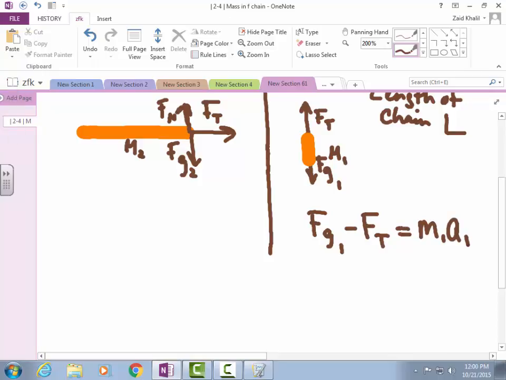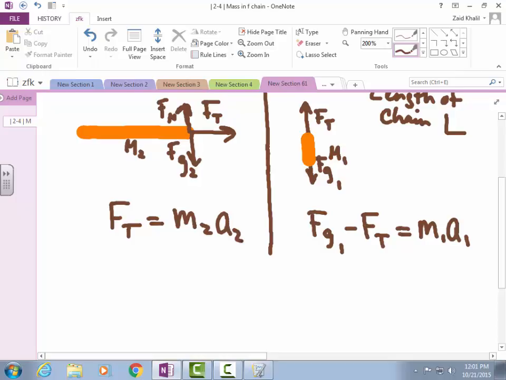What about the forces acting on M2? Ft equals M2 A2. What can you say about the A's? Why? Because it's at a point. That's right. So the A's are equal because we're analyzing this at a point.